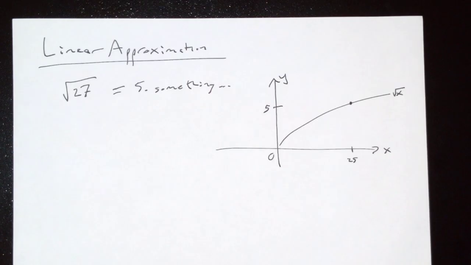So what if, instead of trying to figure out the square root of 27, I instead drew a tangent line? So let's take the tangent line at 5.